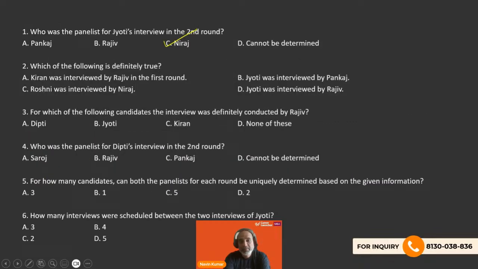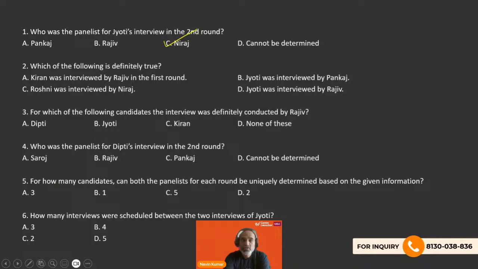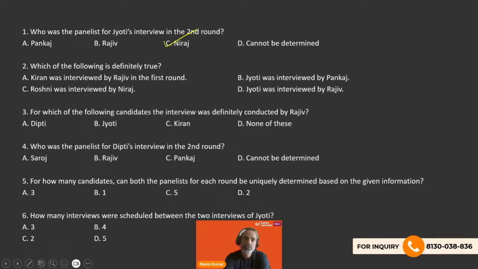Jyoti was interviewed by Pankaj, maybe in the first round, and in the second round, definitely no. Roshni was interviewed by Neeraj. Roshni is definitely interviewed by Neeraj and also by Arvind, but it doesn't talk about the round number, so C is going to be fine.